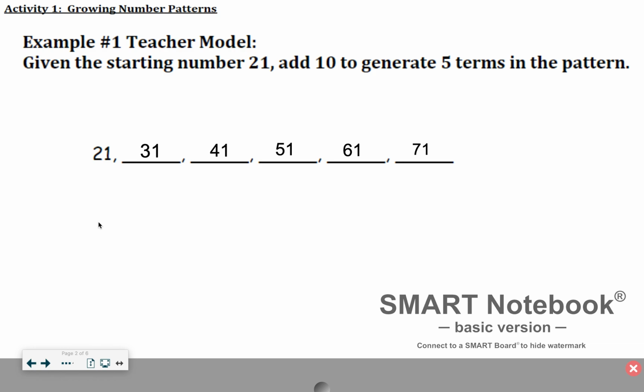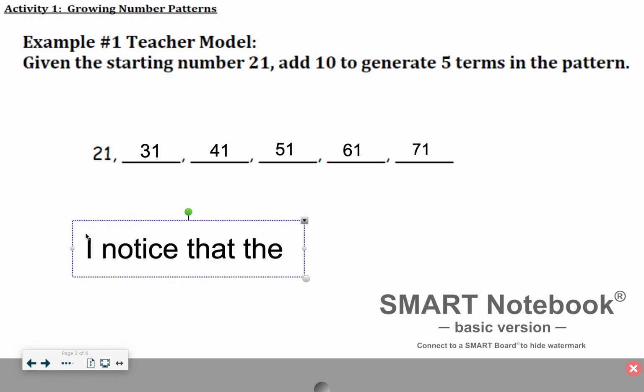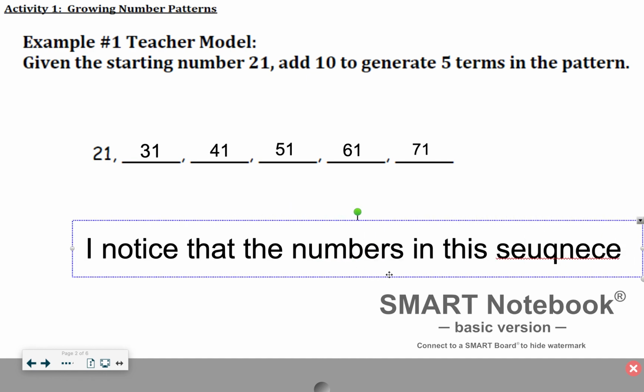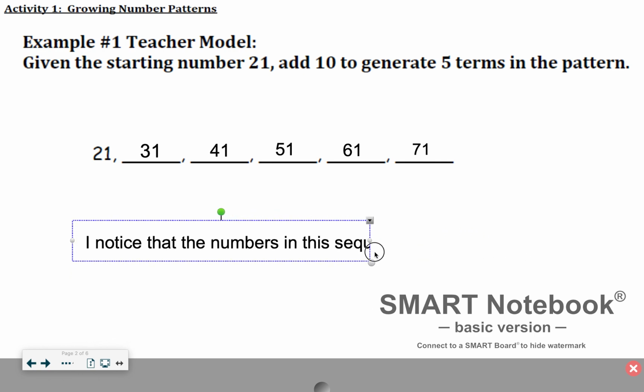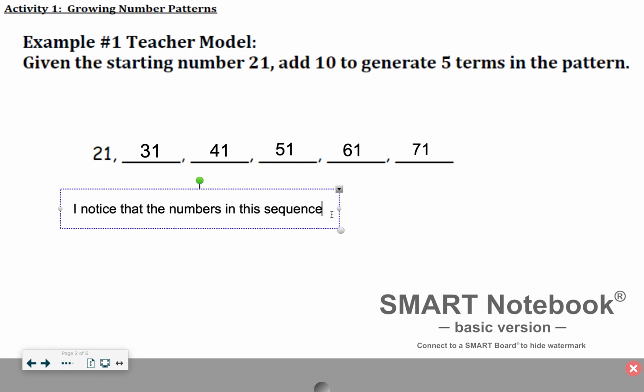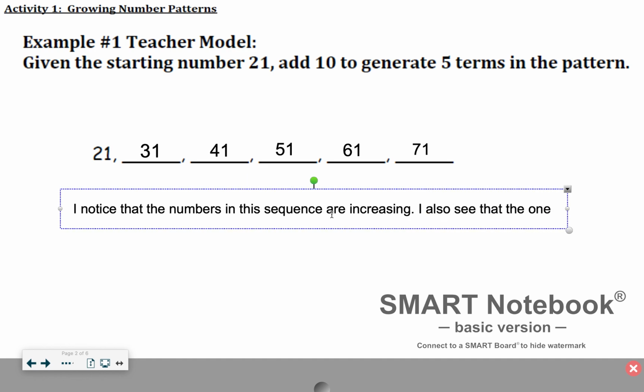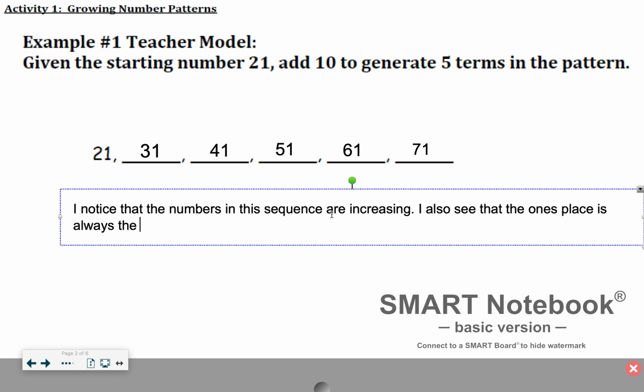When looking at this number sequence, I noticed that the numbers in the sequence are increasing. So I'm going to note that. I noticed that the numbers in this sequence are increasing. I also see that the ones place is always the digit 1, but the tens place is changing each time.